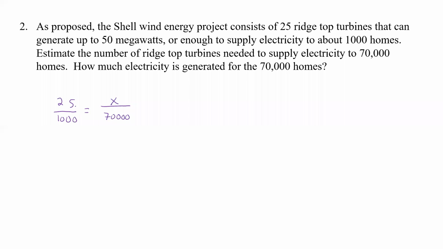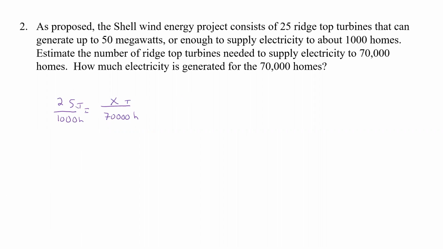Okay, so that's our turbines, and that's our homes. We're not to the megawatts one yet. So that's the turbines, homes. And so when we cross product, it's going to be turbines times homes and turbines times homes, and then we're going to solve for x.